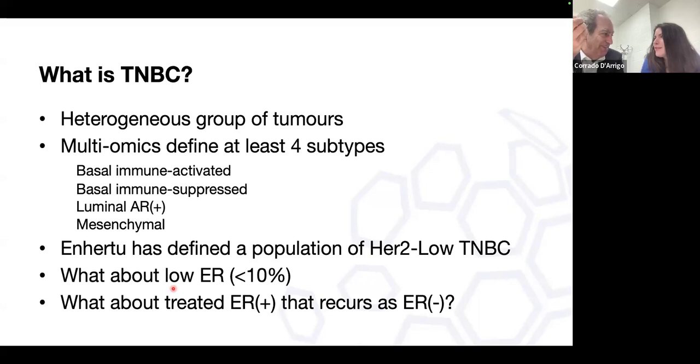Let's not forget about the other tumors outside breast cancer that show ER even at this kind of level. So this is interesting. I belong to a little breast journal club in the UK, and there was a discussion about it. I said, there is no real definition of what is triple-negative breast cancer.